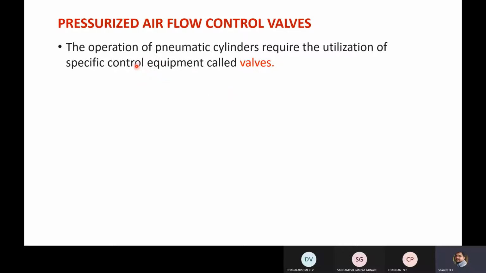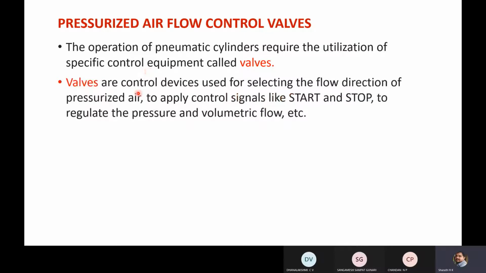By controlling the flow, you can get the desired movement of the piston. Valves are control devices used for selecting the flow direction of pressurized air. For that we use a directional control valve that will control the direction.